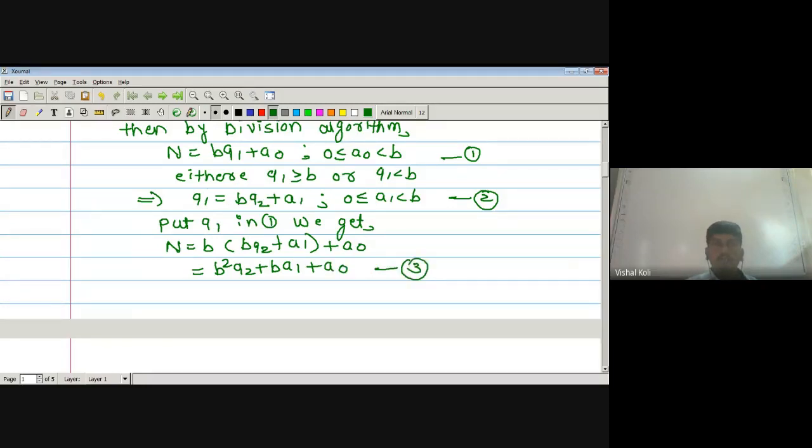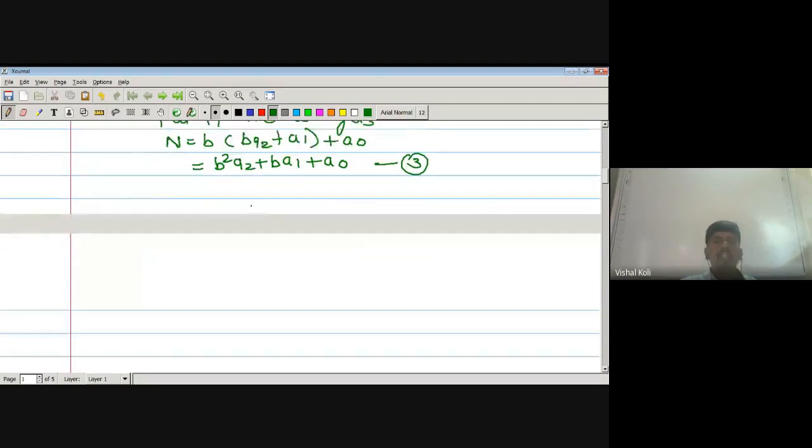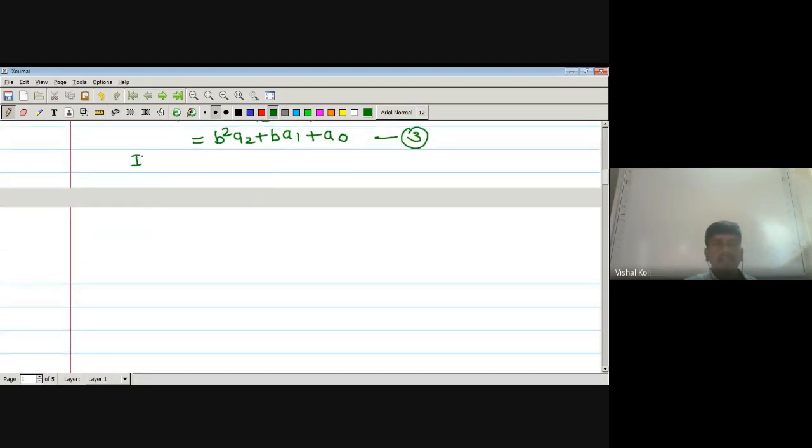Now in equation 2, again there are two possibilities, either q2 is greater or equal to b or q2 is less than b. If suppose q2 is greater or equal to b, then again we get two integers q2 and b such that q2 is greater or equal to b.